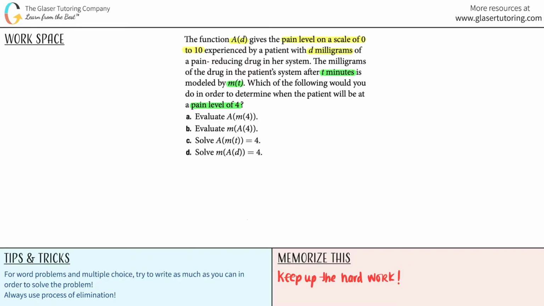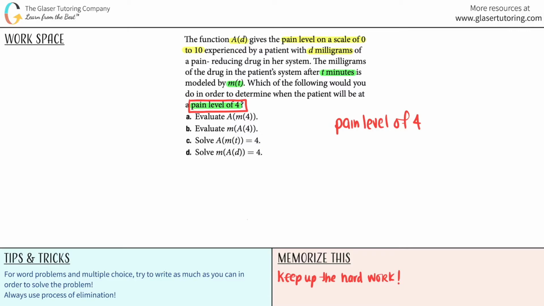What I would start with is the question. They said, which of the following would you do in order to determine when the patient will be at a pain level of 4? So I'm going to run with that. They told me that it's a pain level of 4. What I need to do is match up where this goes in my two functions.